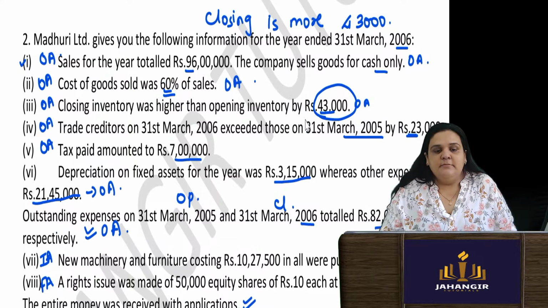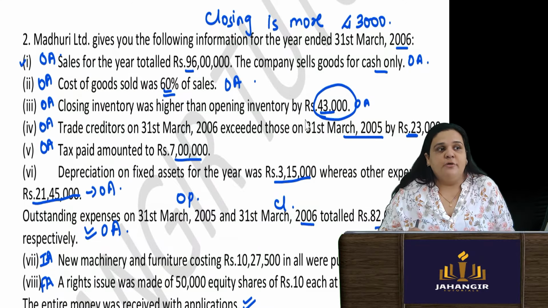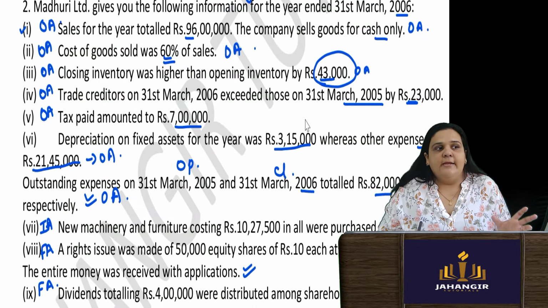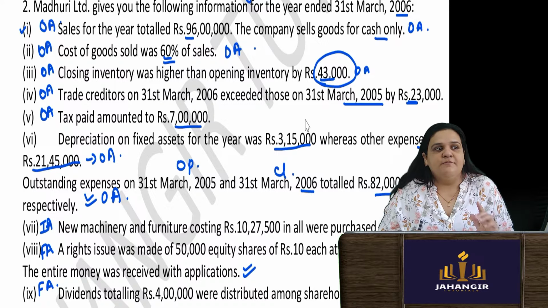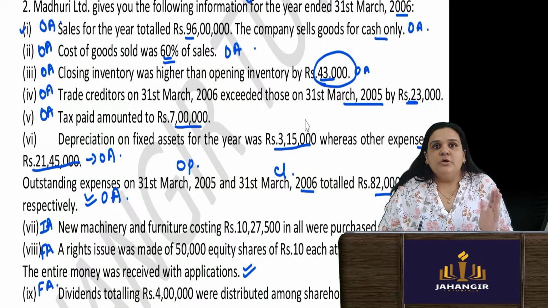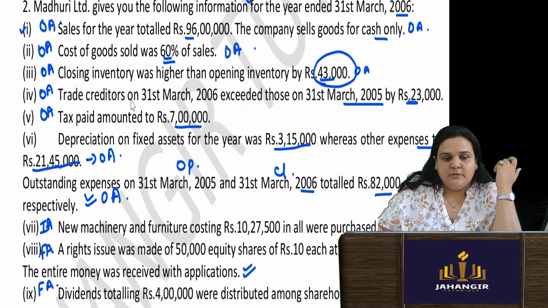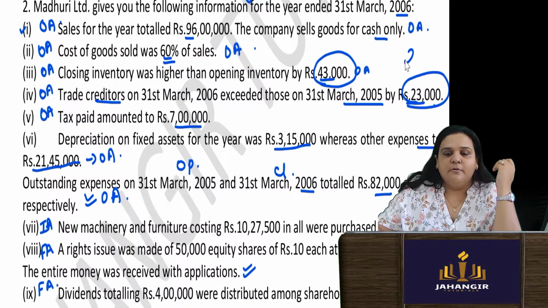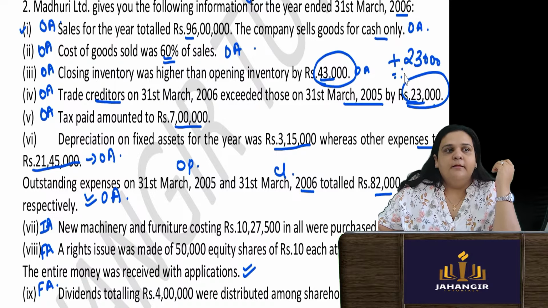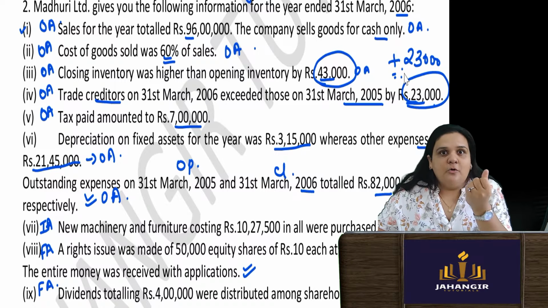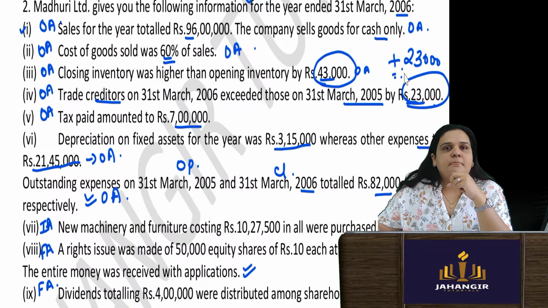Next, because they have given this opening and closing, we have to take care. Trade creditors on 31st March 2006 exceeded those on 31st March 2005 by 23,000. So when your creditors have increased by 23,000, there is an increase in the creditors for the current year. That means your cash flow has not gone out. You must have purchased some more inventory.